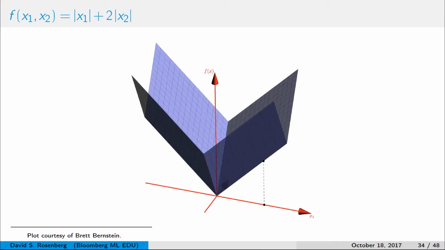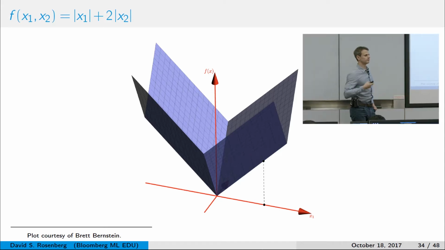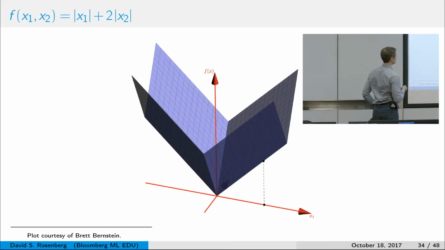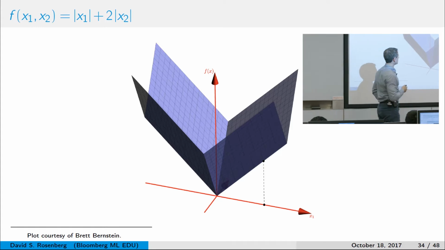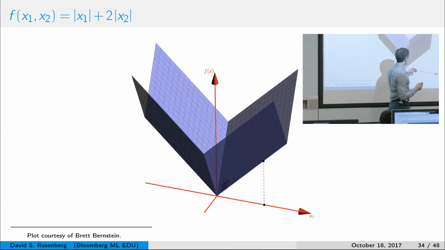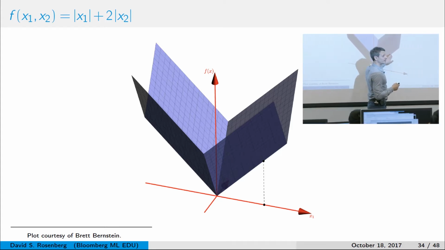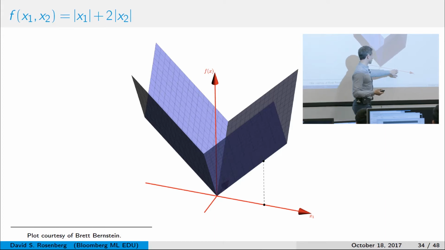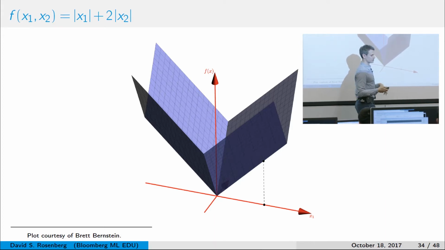Here's another function, a little more complicated. Input domain R2. Absolute value of x1, the first coordinate, plus 2 times absolute value of x2. Here's a 3D plot of it. We're looking for subgradients, or the subdifferential, at the point (3, 0). So it's on the x1 axis. The x2 coordinate is 0, and the x1 coordinate is 3.